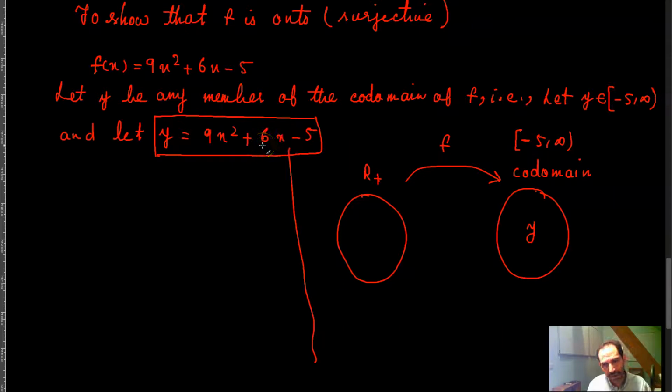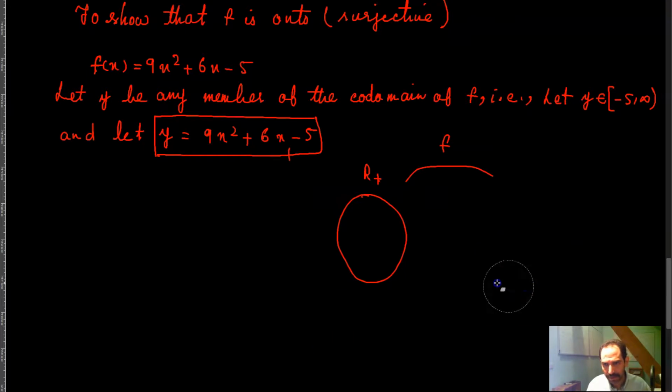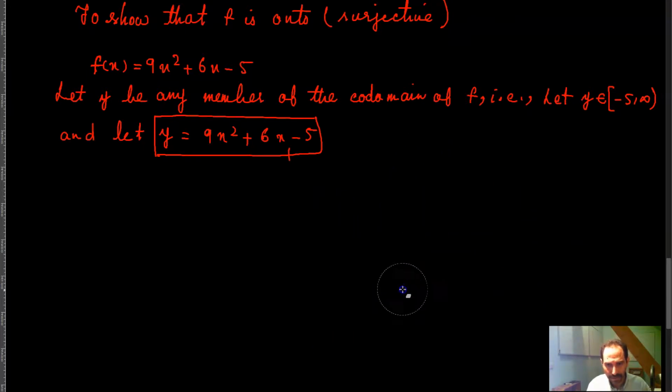So the reverse process would be finding x in terms of y, which is the process of finding the inverse of the function. Or simply you can say that you want to calculate x in terms of y.